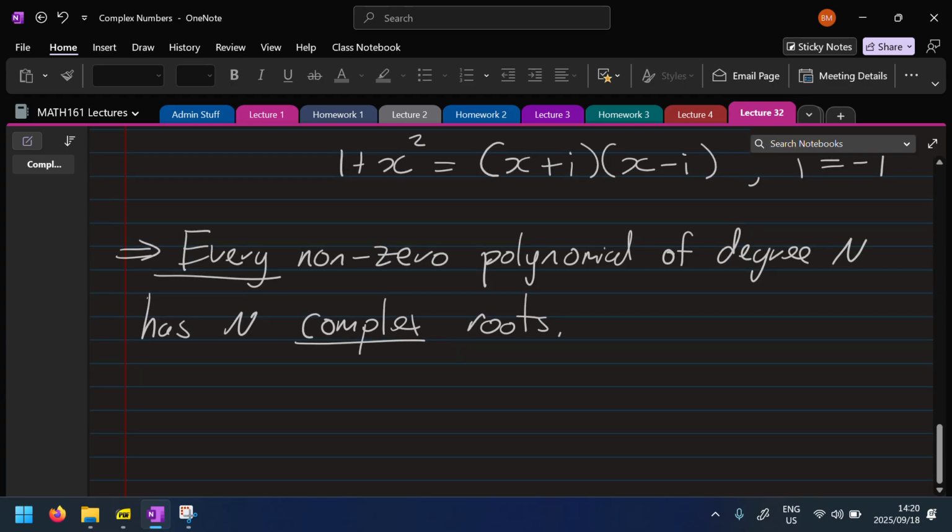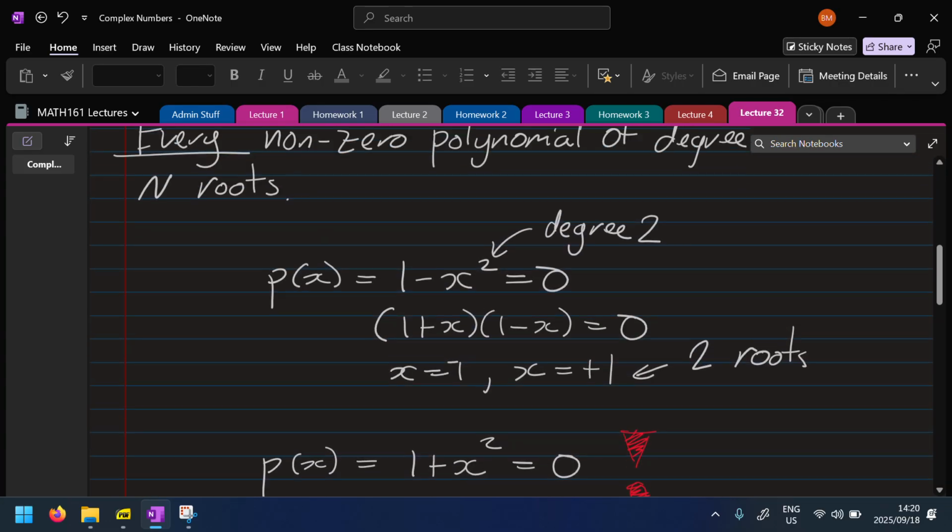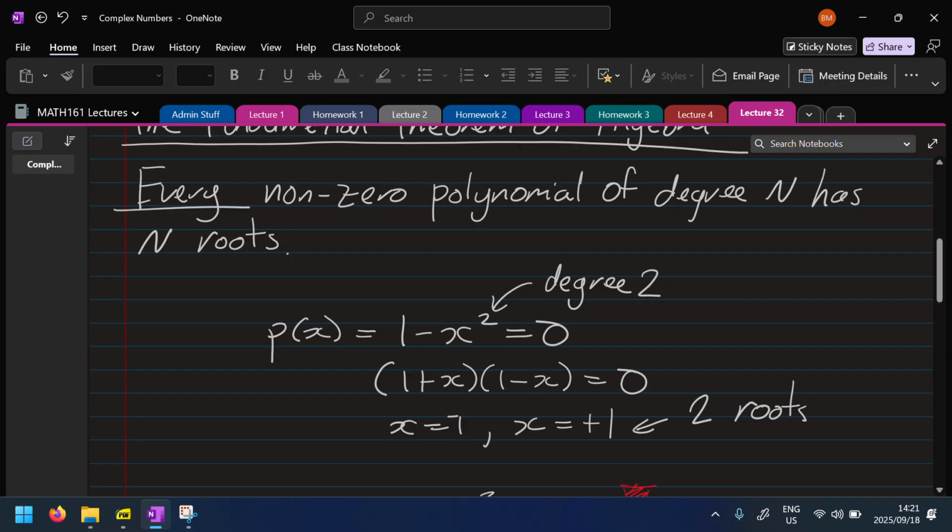Any questions so far? Yep. Why is it x plus I and x minus I instead of x plus I and x plus I? It's exactly the same as what we had here with x plus 1, x minus 1. They always come in those pairs. When you factor a difference of squares, it's like a plus b, a minus b, right?